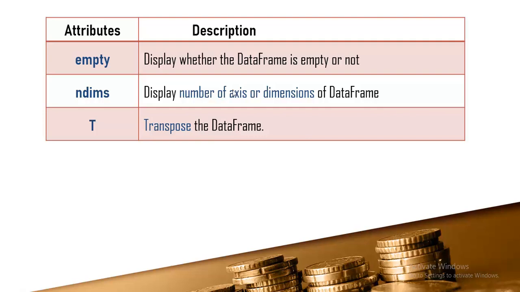The various attributes are index, which displays the row labels; columns, which displays the column labels; axes, which displays the index of both axes; dtypes, the type of data in the data frame; size, the number of elements; shape, the number of rows and columns; values, the data in array format; empty, whether the data frame has any values or not; ndim, the dimension of the data frame; and T, transpose, which converts rows into columns and columns into rows.